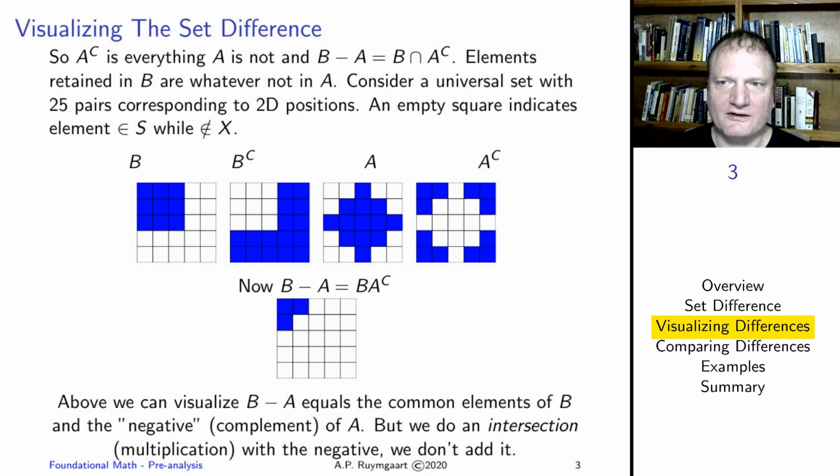So what we've done is, instead of adding the additive inverse, which would be the negative element, like we would do in real numbers, we cannot do that here. Instead, what we've done is multiply by the complement, or we intersected with essentially the negative in order to get the set difference here.